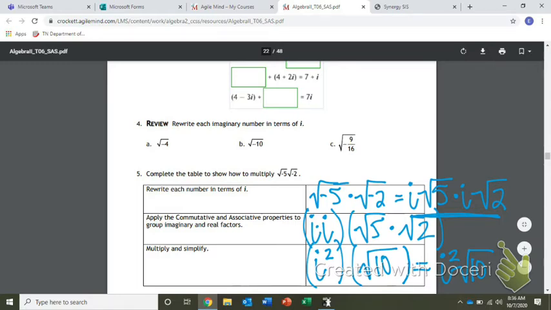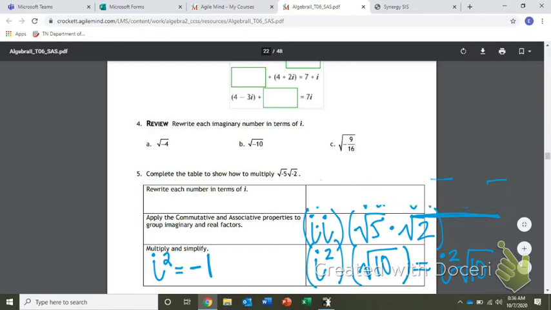Now, in just a minute, you are going to learn i squared, i cubed, i to the fourth, i to the fifth, and all the way up. So, right now, you must know, write this down and circle it. i squared equals -1. Anytime you see i squared, you are plugging in a -1. Okay?